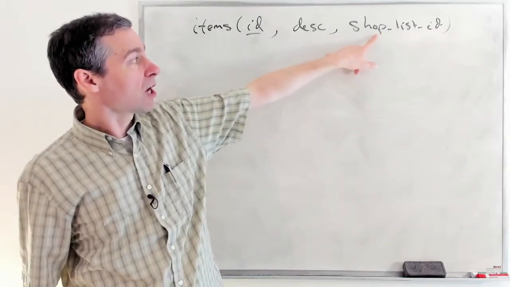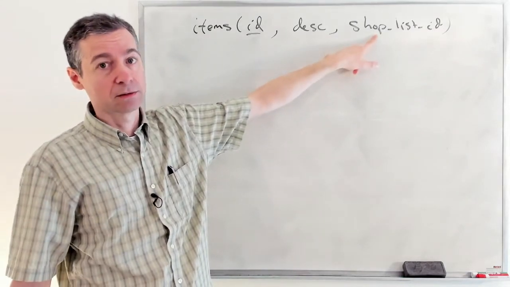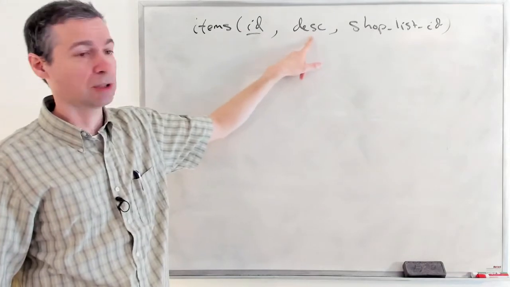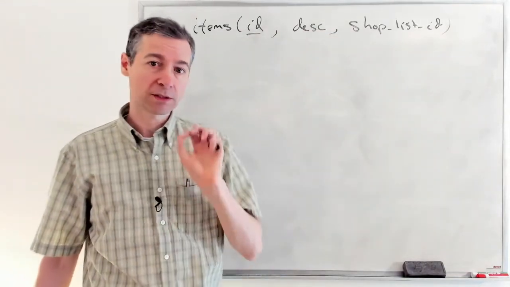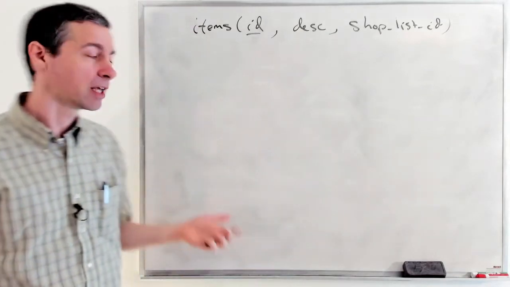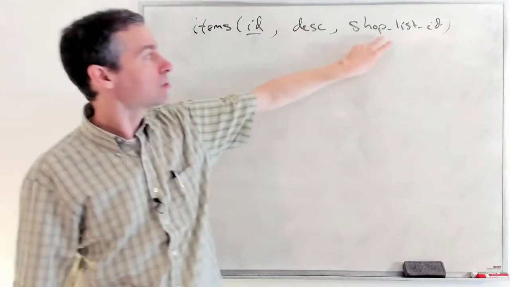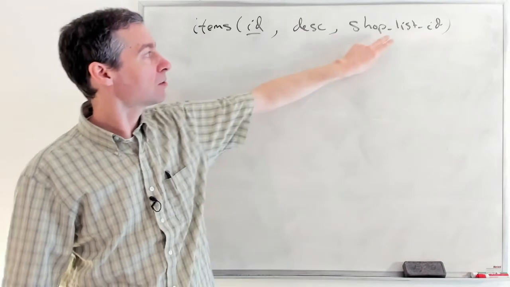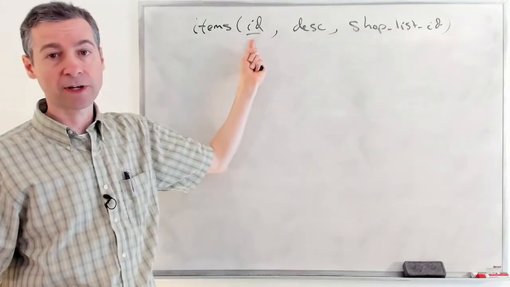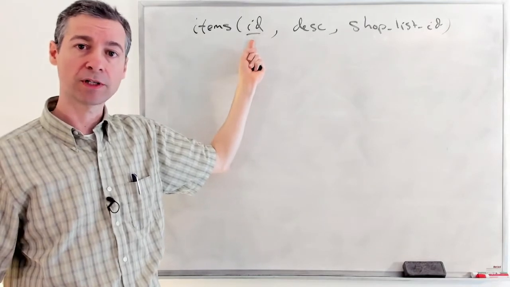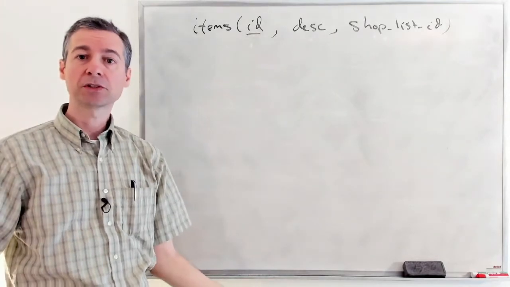You're given a shopping list ID, you're given a description for the item. Now you can put something into that list in a single insert statement. So you insert the description as a value, and then you insert as a value the shop list ID, and you don't specify this ID, and it gets an auto-incremented value, and you're happy and you're done.